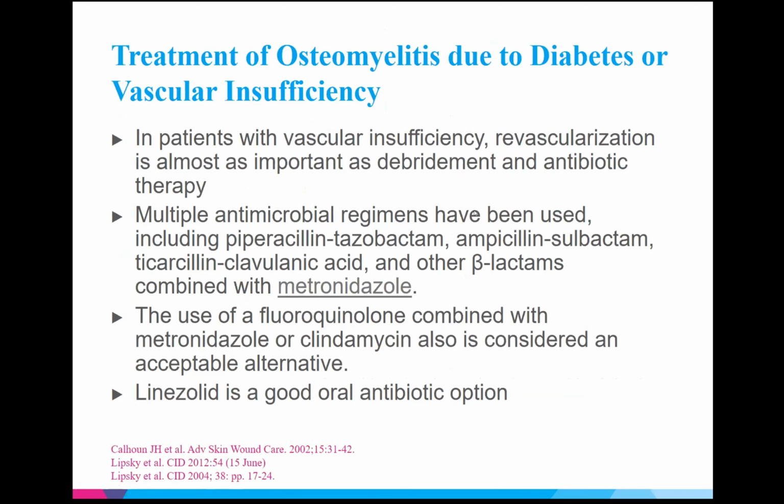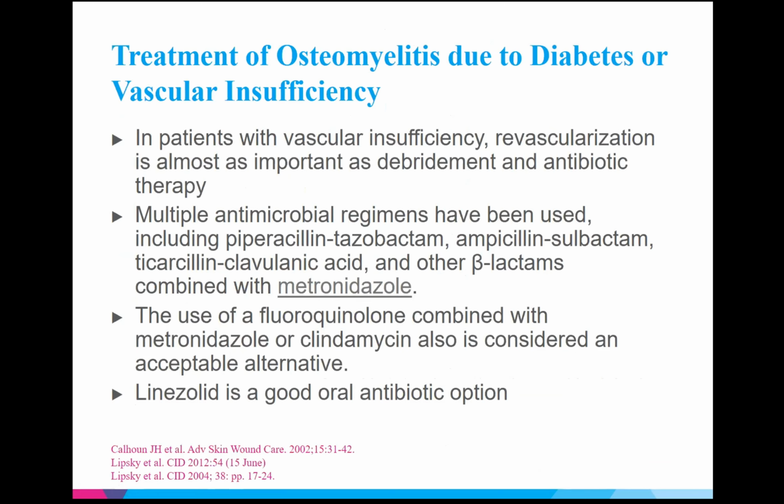The problem is in people with diabetes, right? How do you get the antibiotic to the site? If they have poor circulation, if you have vascular insufficiency, how do you get the antibiotics there? It's very hard.